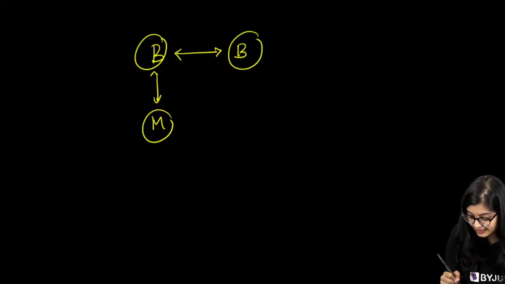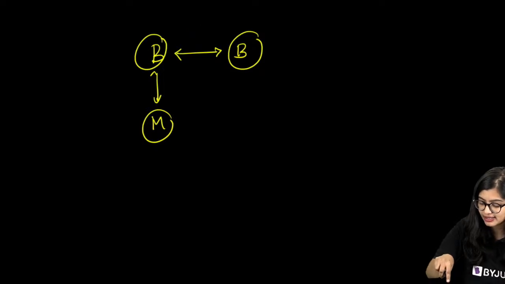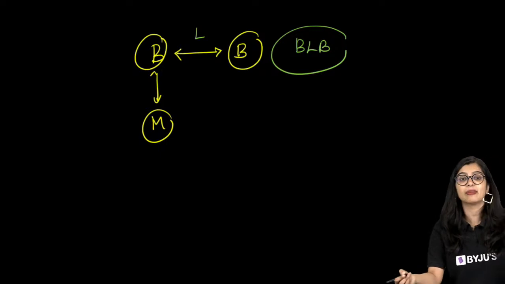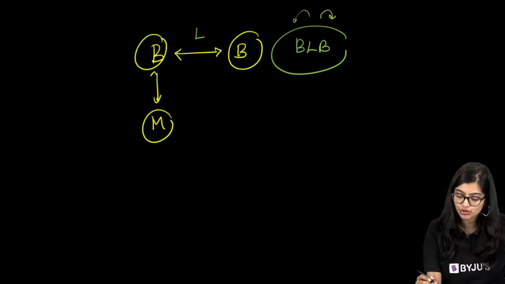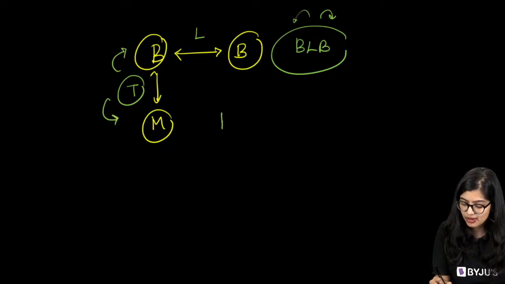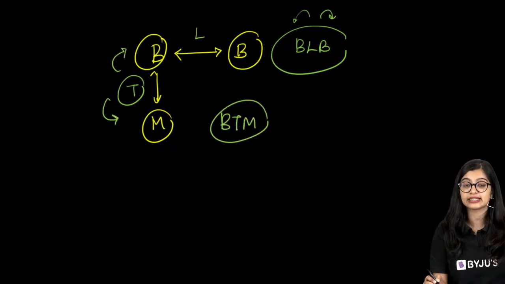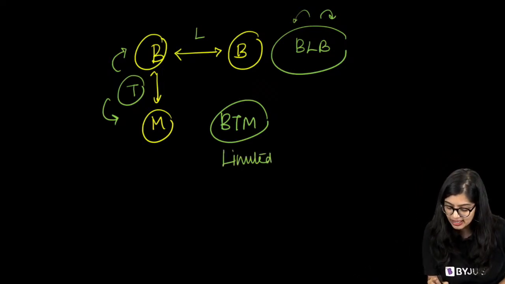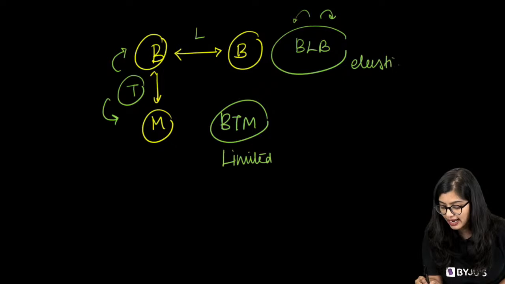So bone to bone is done by ligaments, which is nothing but your BLB. BLB means ligament is what is connecting your two bones together. What connects your bone to muscle? BTM, right? BTM means tendon connects your bone to muscle, right? This has limited flexibility while this is more elastic.